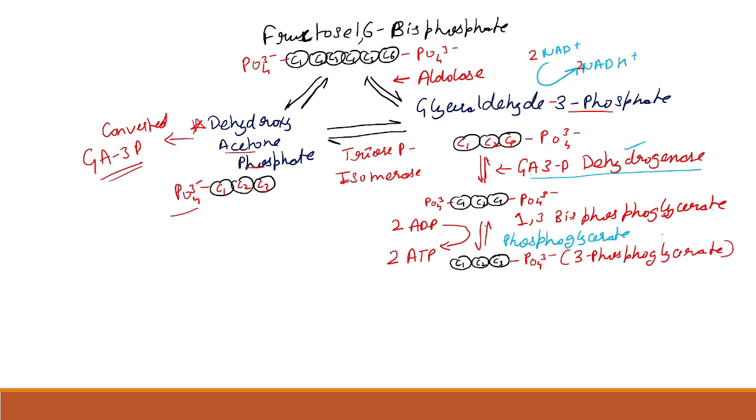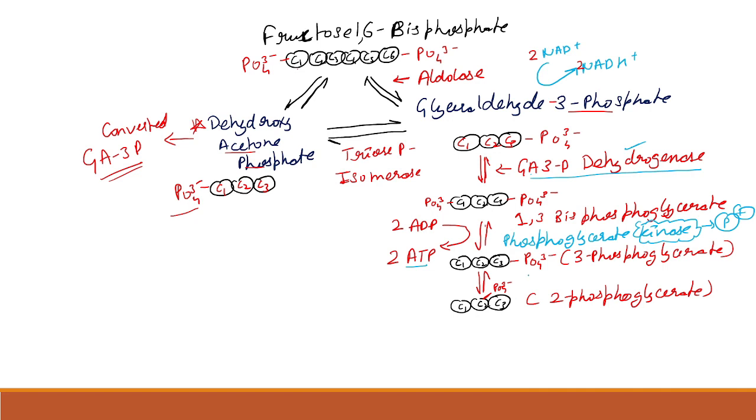The enzyme is phosphoglycerate kinase. And whenever we use this word kinase, it means we add a phosphate group to someone. So here we are adding a phosphate group to an ADP molecule and we are generating 2 ATPs from here.